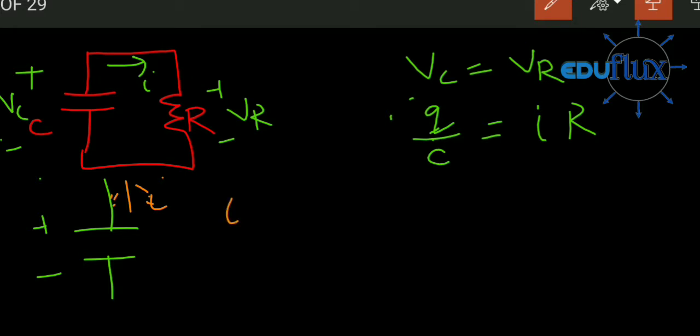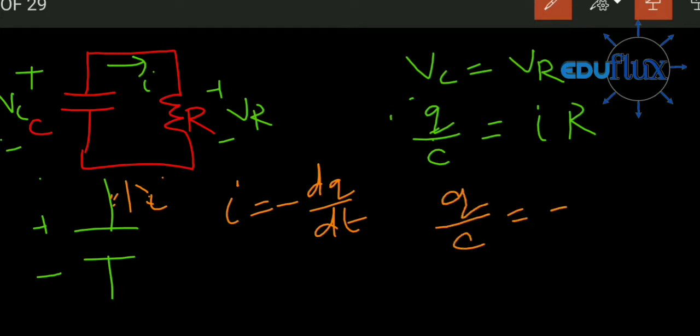So I have to write I is equal to minus dq by dt. This minus sign will come because the rate of decrement of charge is represented by I. So q by c is equal to minus of dq by dt into R.